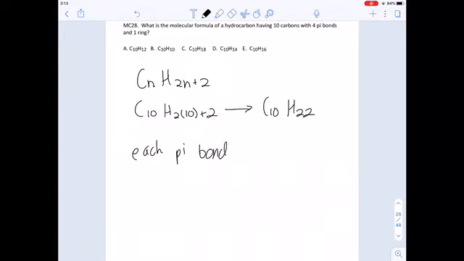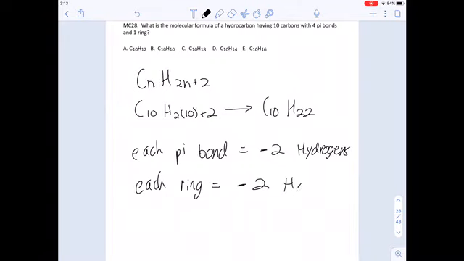Now, the important thing to note is that each pi bond, which is a double bond, is equivalent to subtracting 2 hydrogens, because when you have a double bond, you take a hydrogen from both carbons. So what would normally be CH3 in a single bond becomes CH2. Rings are going to be the same thing.